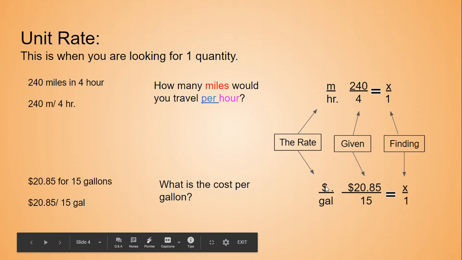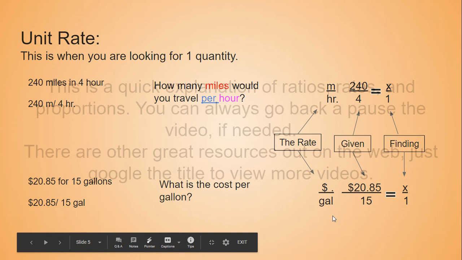We put $20.85 to 15 gallons, which is what is given first. And what we're trying to find is the cost for 1 gallon. If you do 20.85 divided by 15, you should get, like what we had in the last couple of slides, $1.39 for 1 gallon.